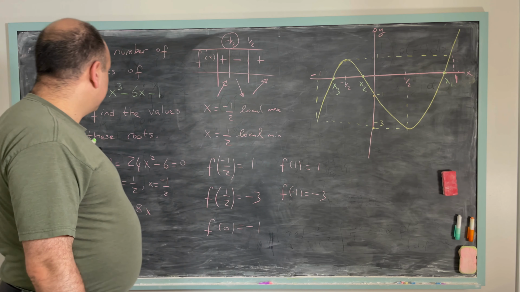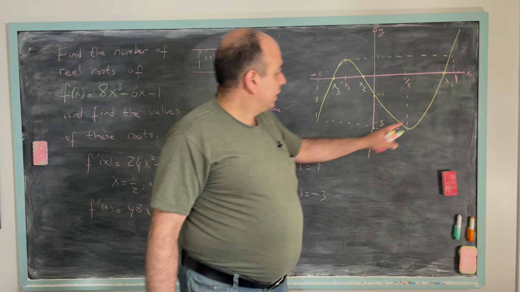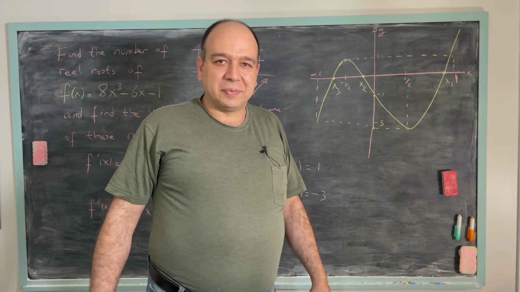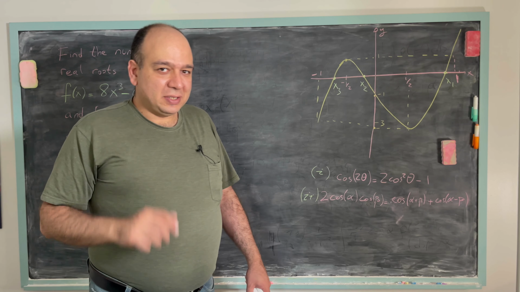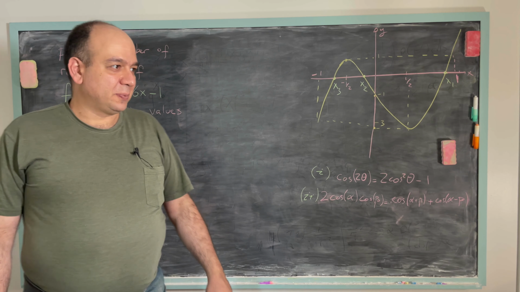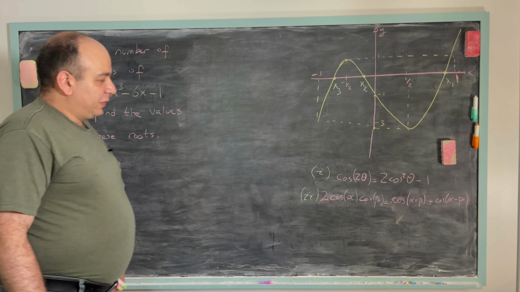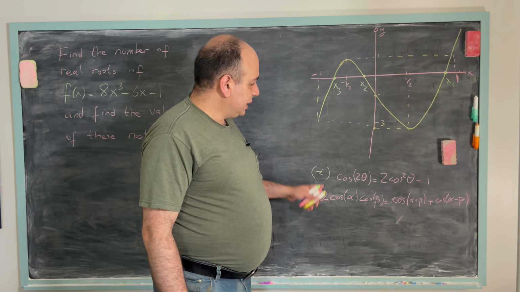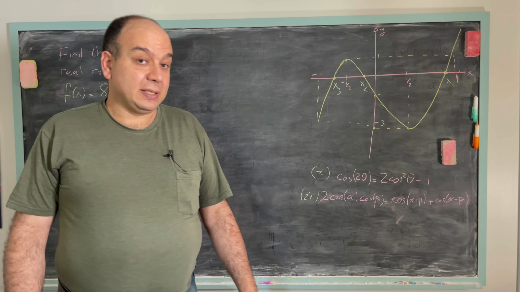In the next part, now we will find what this x1, x2, and x3 are, and we will use trigonometry. Now we are ready to solve for the values of these roots of this polynomial function. But before we move on, I would like to remind you that we will use these two trigonometric identities.